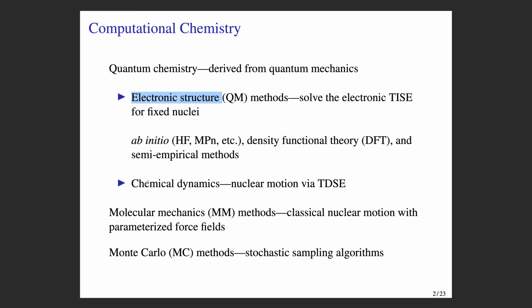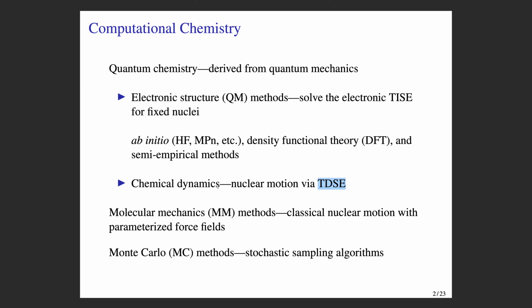Now, another topic under the heading of quantum chemistry is called chemical dynamics. Here, in addition to studying the electrons quantum mechanically, one also models nuclear motion via the time-dependent Schrodinger equation.